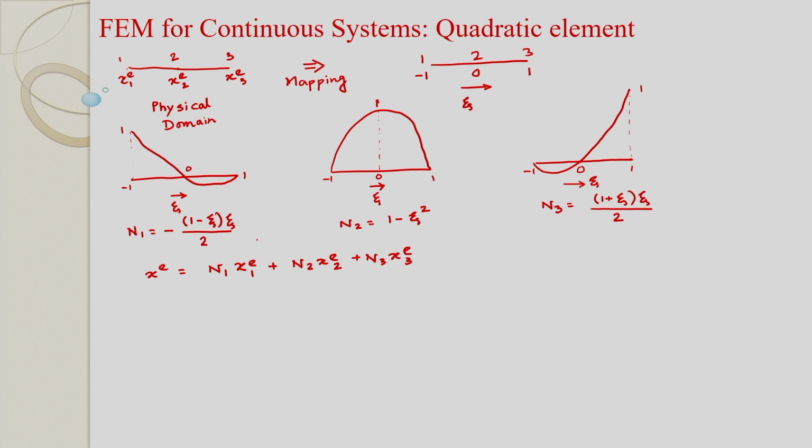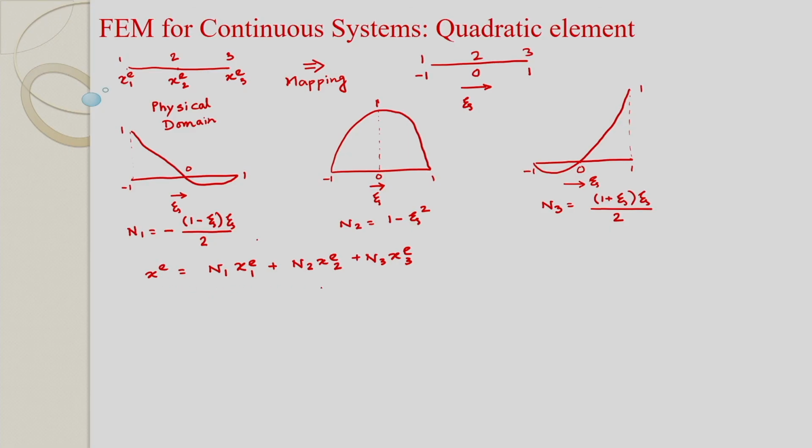If you put xi equal to -1 in this expression, then x e is nothing but the x coordinate of the left node, that is at the xi equal to -1 node.